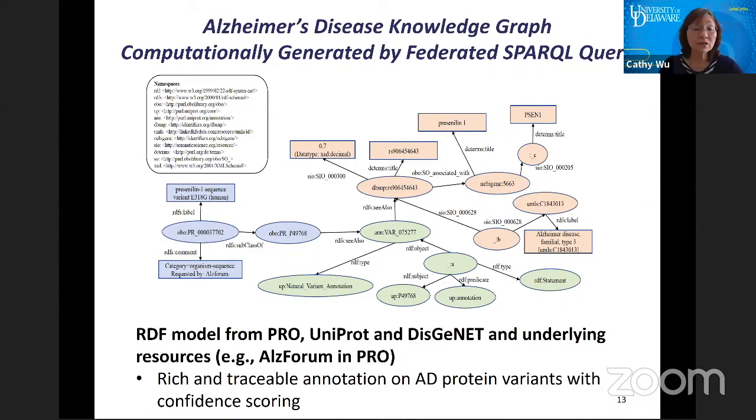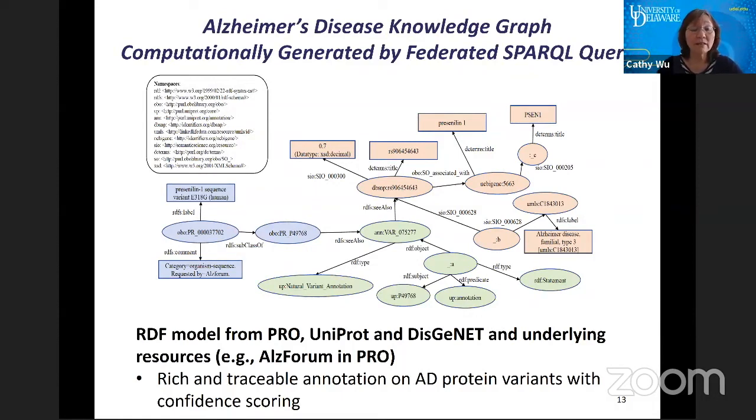The figure here shows that we generate a model using the protein ontology RDF, the UniProt RDF, and also the RDF of this resource called DisGeNET that provides rich information regarding gene-disease information and disease-drug information.